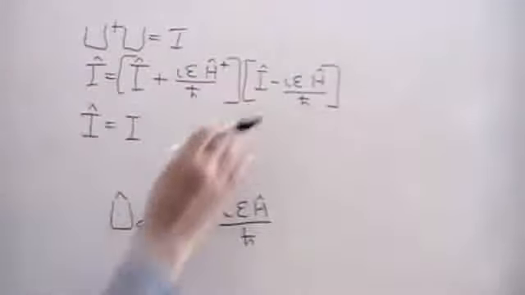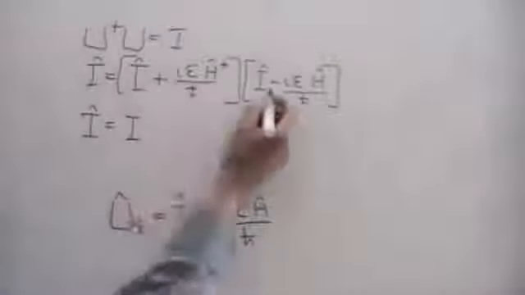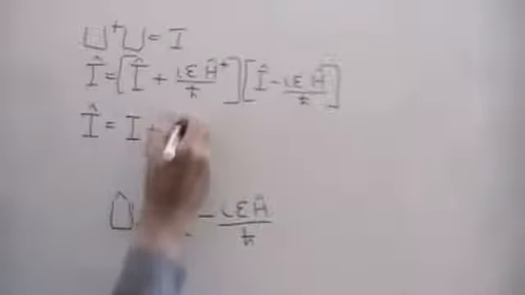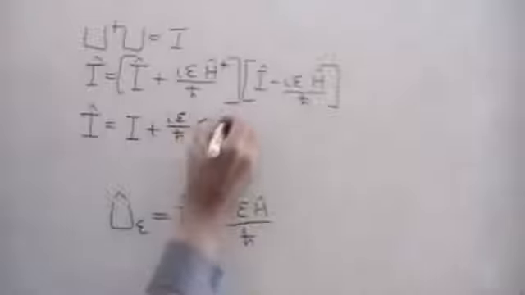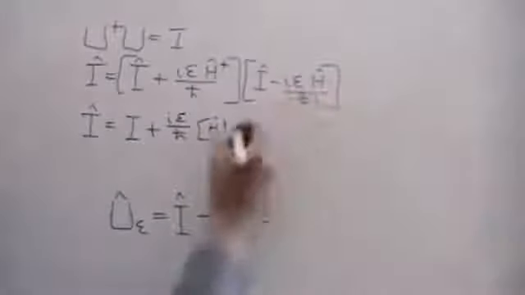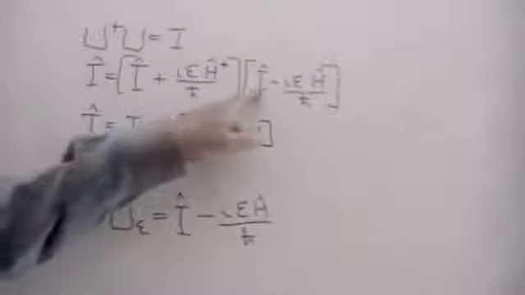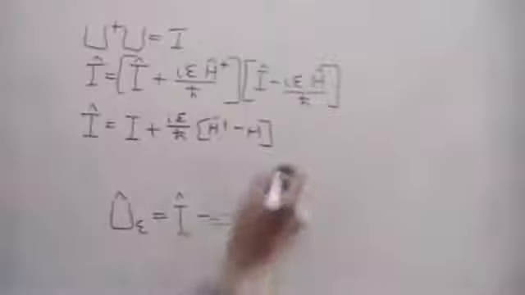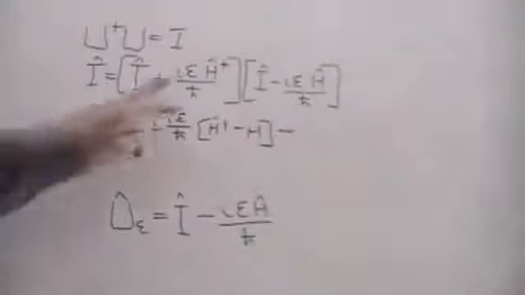Same with I: I times I is I. Then we've got a combination of terms here which will give us plus i epsilon over h bar of h dagger minus h. That's this term and this term. And then we're going to get plus times minus, a minus this term times this term.